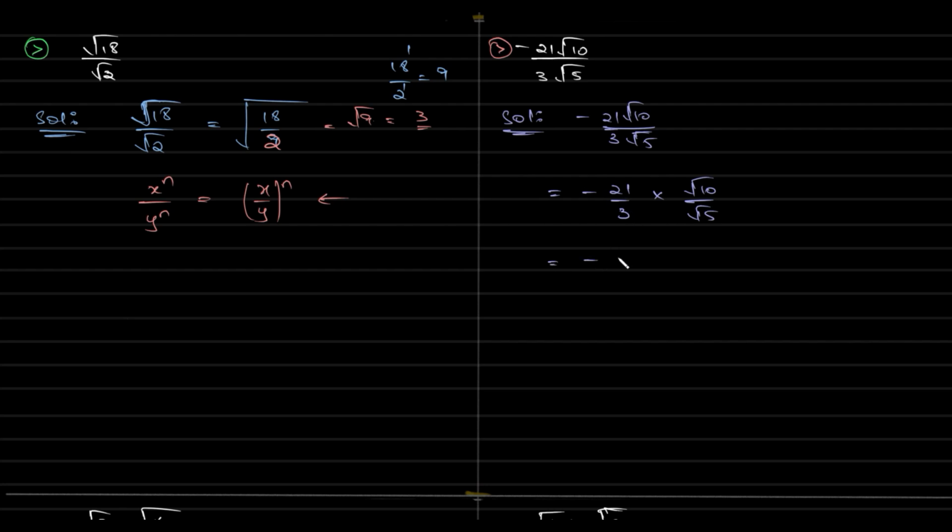So minus 21 by 3 is minus 7, into the whole root of 10 by 5, using the rule x to the power of n by y to the power of n as x by y whole to the power of n. So this is further solved: 5 twos are 10, so root of 2. And yes, we can't simplify this further, and that is your answer.